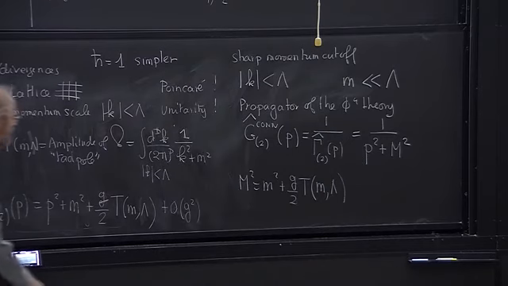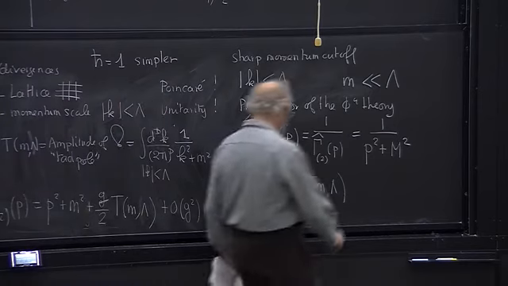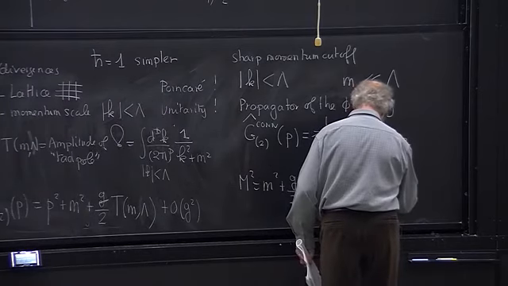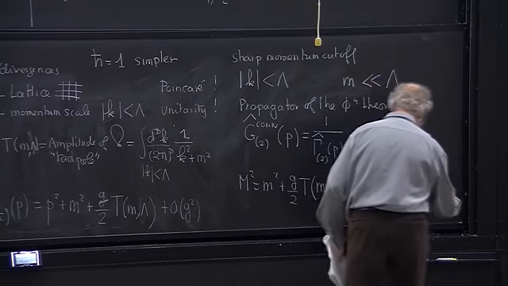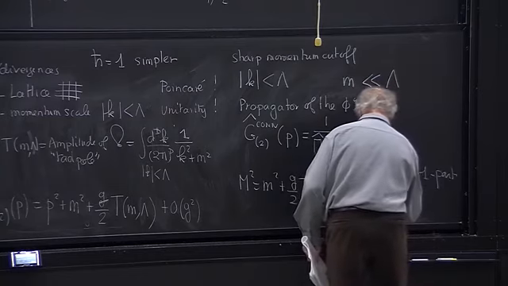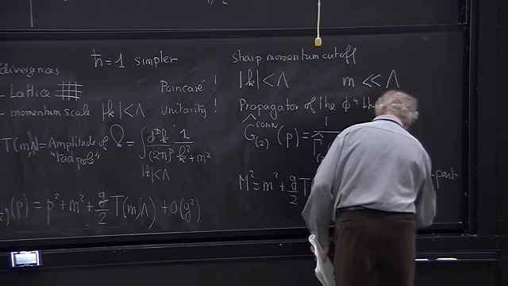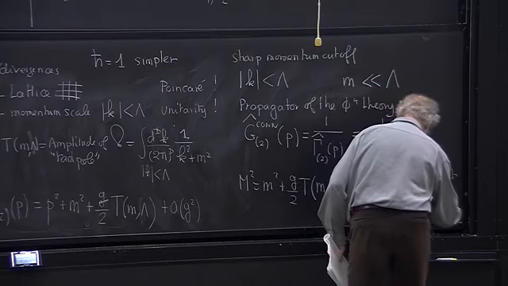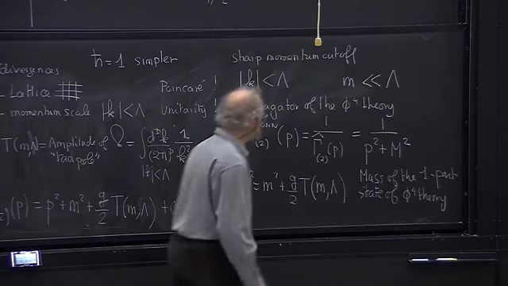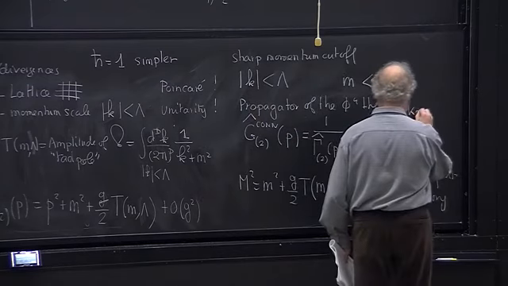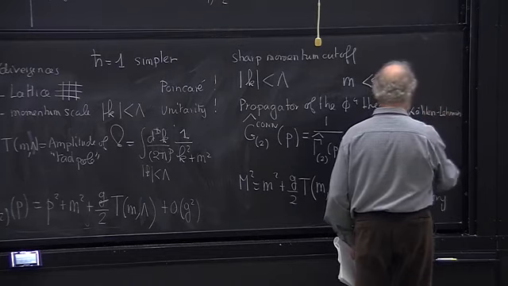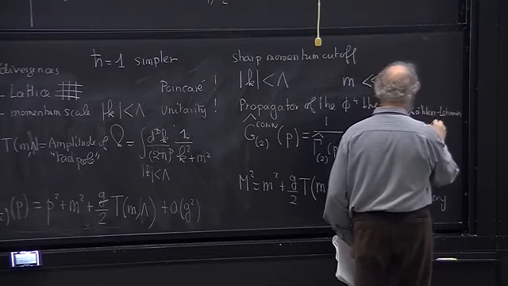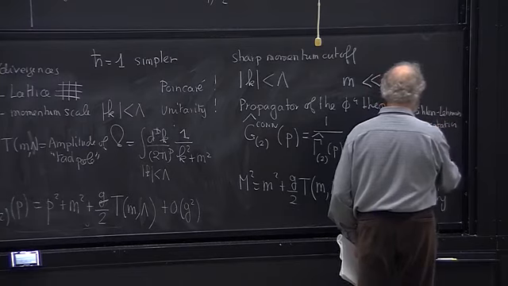So what is this capital M? This is just the mass of the one particle state of phi-4 theory. And this comes just from the Källén-Lehmann representation theorem.